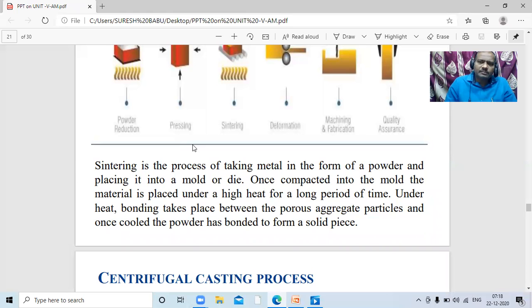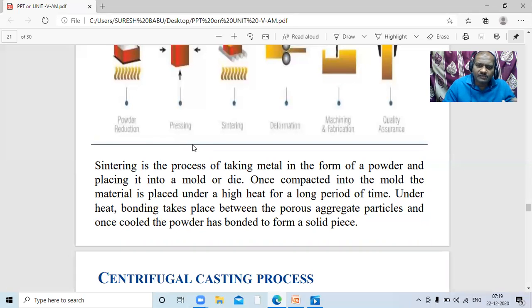So before closing this class, let us have the summary. In the beginning of this class, I told about the main aim of the class. The aim of the class is to know the classification methods of FGM. What is FGM? Functionally graded materials. It is done by two methods basically.